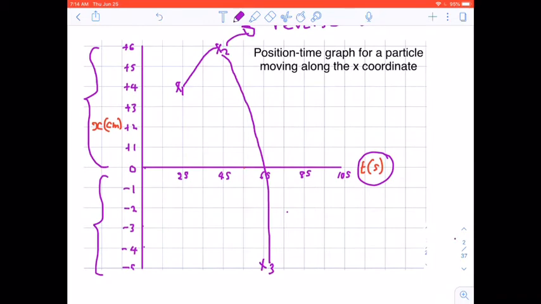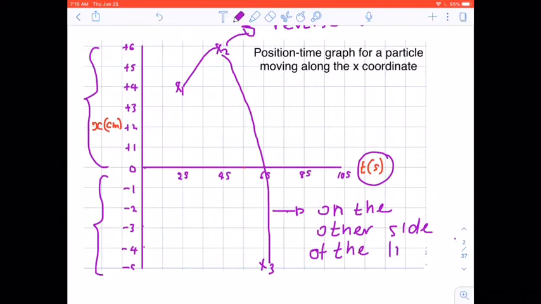Here, it then passes the origin, and here it's on the other side of the line. As you can see, it's there, right?